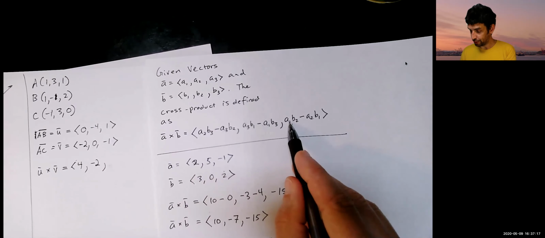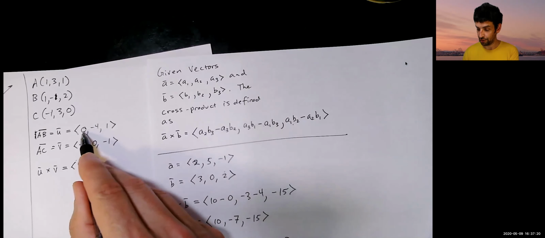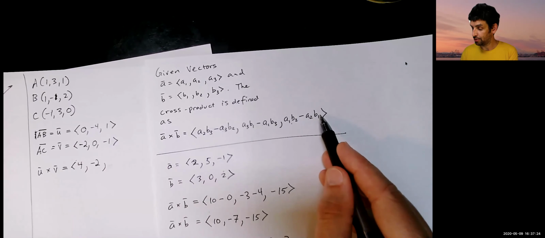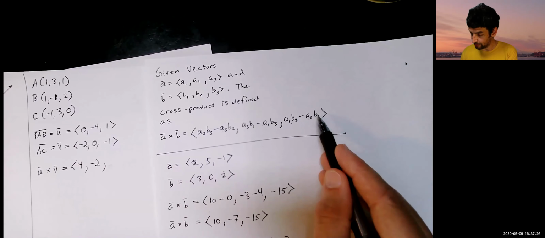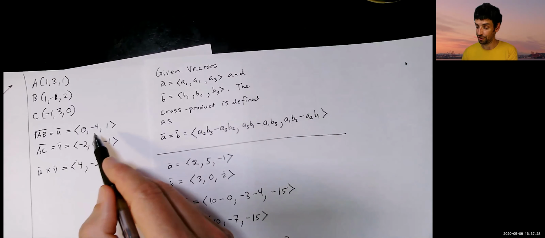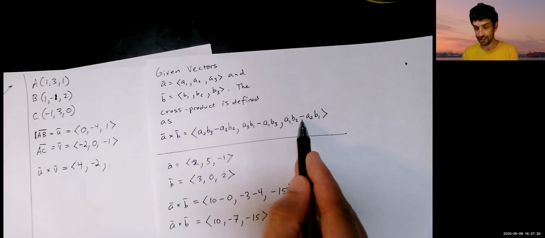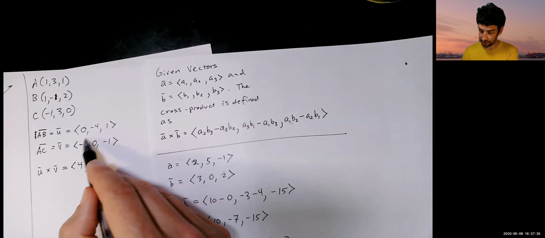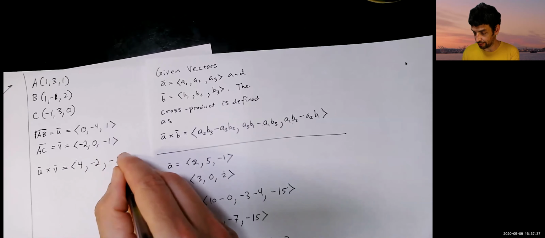Then first component, first vector times second component, second vector. 0 times 0. Second component, first vector times first component, second vector, and we're subtracting them. So -4 times -2 is +8, but we're subtracting it, so we get a -8.